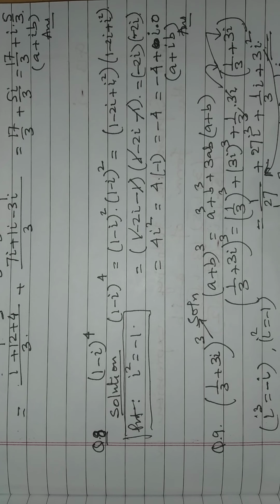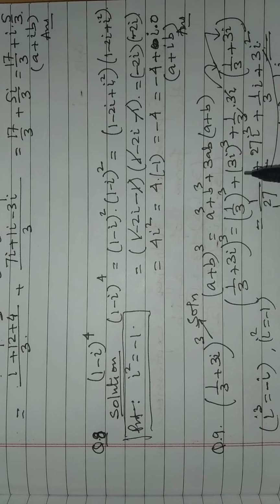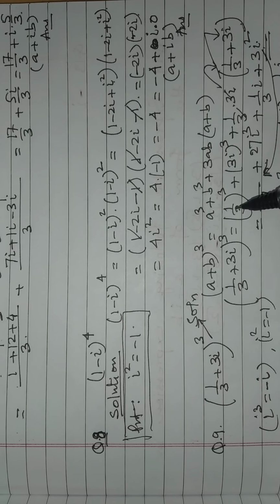I will check a little bit, because the answer is not coming. See, 27, we have taken 27 here. Over here this is (1/3) whole cube, so 1/3 whole cube means 3 threes are 9, 9 threes are 27, so 1 by 27.